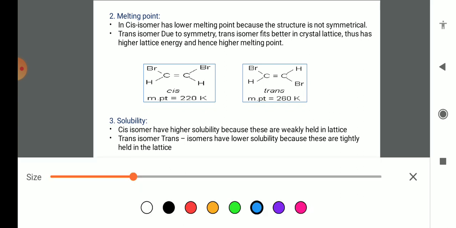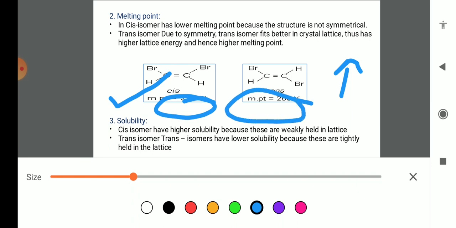The second method is the melting point. In the cis form the melting point is lower, and in the trans form the melting point is higher, for example 220 Kelvin for cis and 260 Kelvin for the trans form.